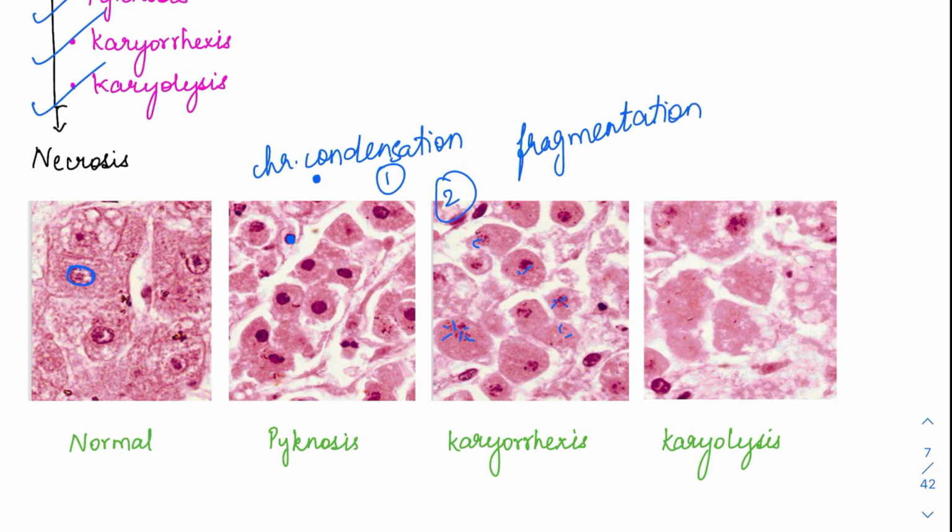Then the third change is that the nucleus is all broken up and lost. In this cell, if you see, there is no nucleus or hardly any material. Kind of scattered material is present. So there is loss of basophilia. The nucleus is usually basophilic, blue in color. So loss of basophilia or loss of the nucleus is called karyolysis.